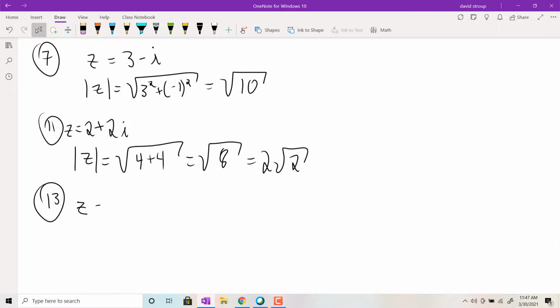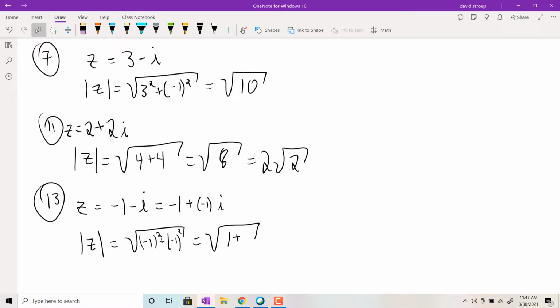So I have z is -1 minus i. So the absolute value of z is going to be the square root of -1 squared plus -1 squared, right? Because this is the same as -1 plus -1 times i. So a is -1 and b is -1. So this will end up being the square root of 1 plus 1. Negative squared is positive. So that'll just be square root 2.